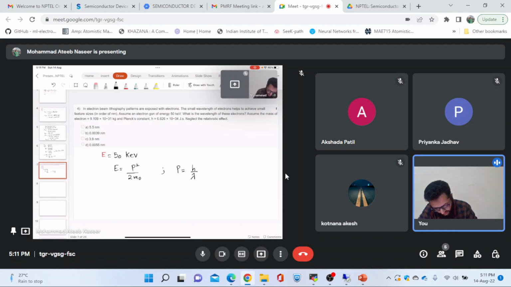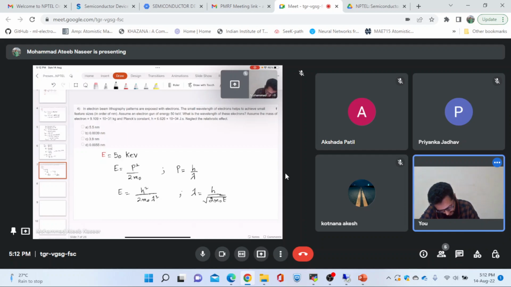Now if we substitute this P in here, we will get E equal to h squared by 2 m naught lambda squared. Since we are given the value of E, we will write it in terms of E itself. The lambda will become square root of h by 2 m naught E.